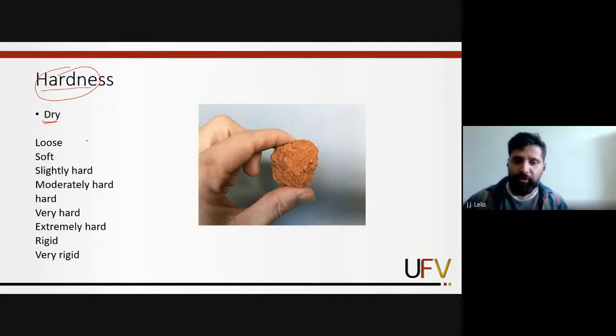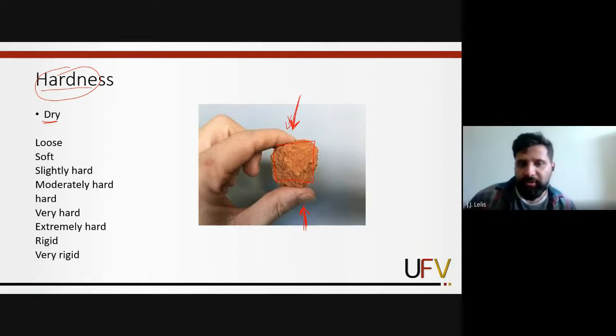We should use our index finger and thumb and press the aggregate here. I put some power here and some power here, pressing these two fingers in a vertical way, and I will measure how easily I can break this aggregate.